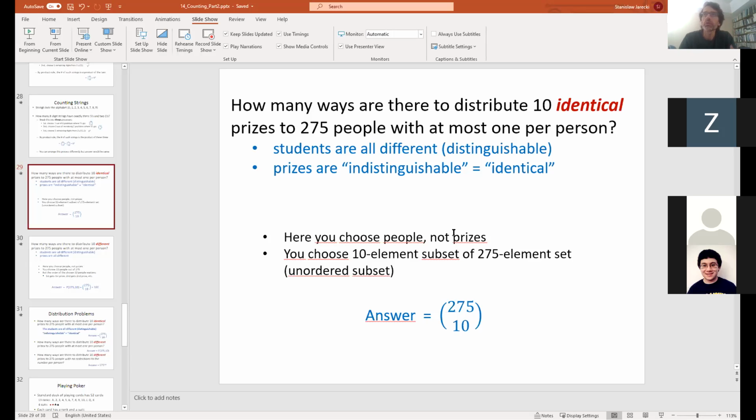You can represent this process as choosing people: you take 10 of the people, so it's like a 10 element subset in a 275 element set. The choice of 10 out of 275.